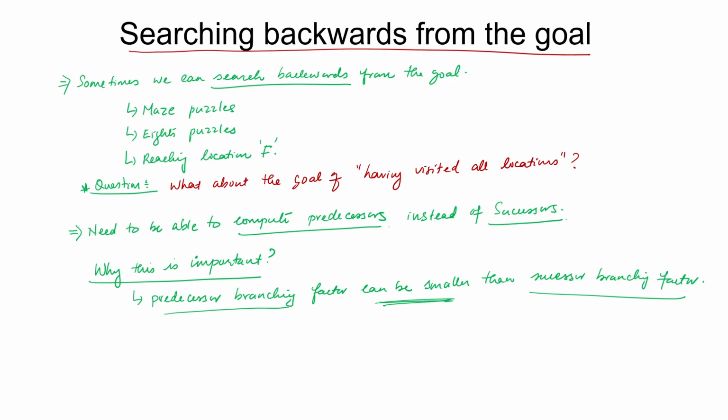Okay. Fine. So, now that we have gone through many examples of what we call uninformed search or blind search, now let us talk about what is informed search, and discuss some aspects of informed search.